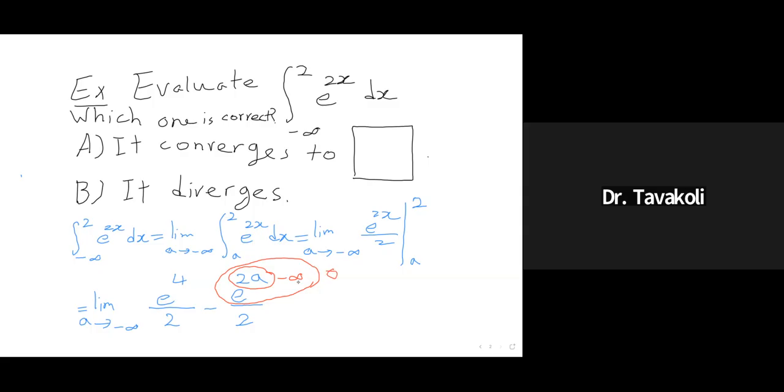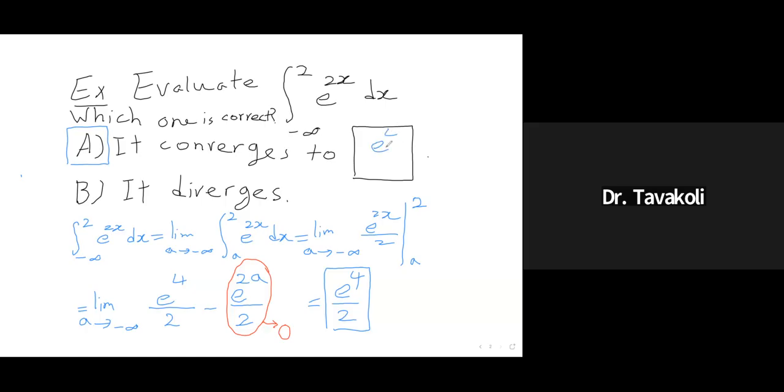Therefore, when a tends to minus infinity, e to the power of 2a over 2 is just 0. So the only thing remaining is e to the 4 over 2, which is a finite number. Therefore, the integral is convergent. It converges, and the value is e to the 4 over 2.